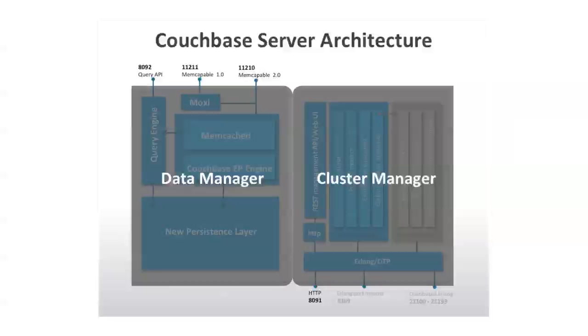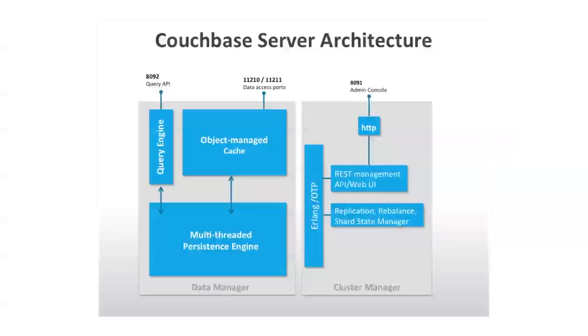So now let's take a look at the Couchbase architecture under the covers. As I mentioned initially, each server has a data manager and a cluster manager, and every node in the cluster looks identical. So it looks exactly like this. Within it, the data manager manages the cache as well as the multi-threaded persistence engine that I talked about, as well as the query engine.